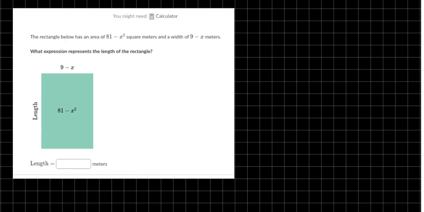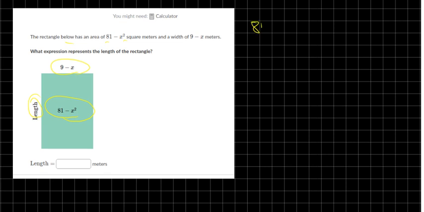Let's look at our next one. The rectangle below has an area of 81 minus x squared square meters and a width of 9 minus x meters. What expression represents the length of the rectangle?